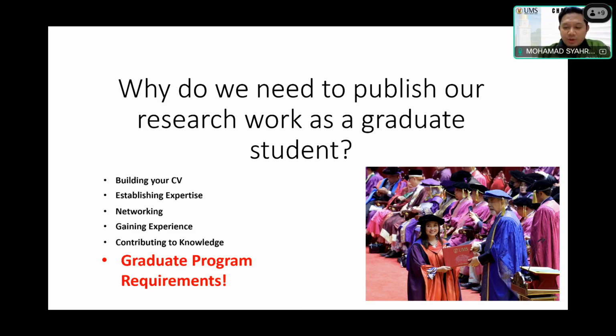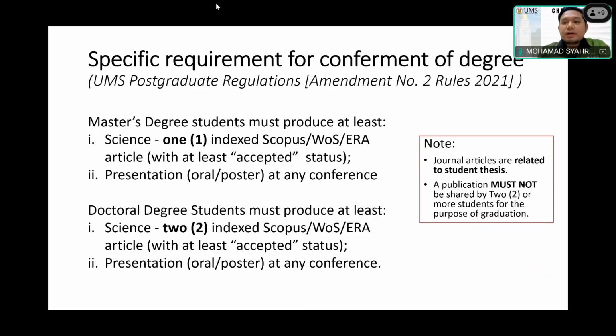If not, you cannot graduate. Okay. So this is the specific requirement for conferment of the degree. This is the UMS postgraduate regulation that most of you have to be alert to. A master degree student must produce at least one indexed Scopus paper. Yeah, that's the minimum requirement.